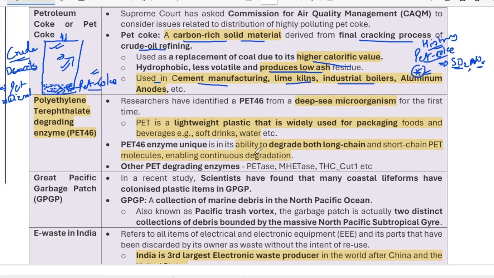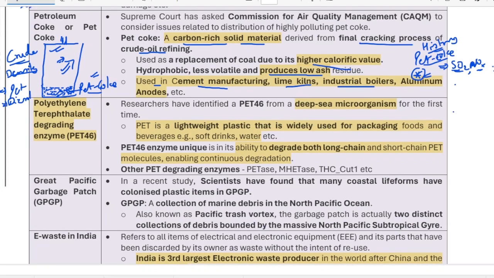So what happened later, because it was highly polluting, the Supreme Court put a ban on the import of this pet coke.